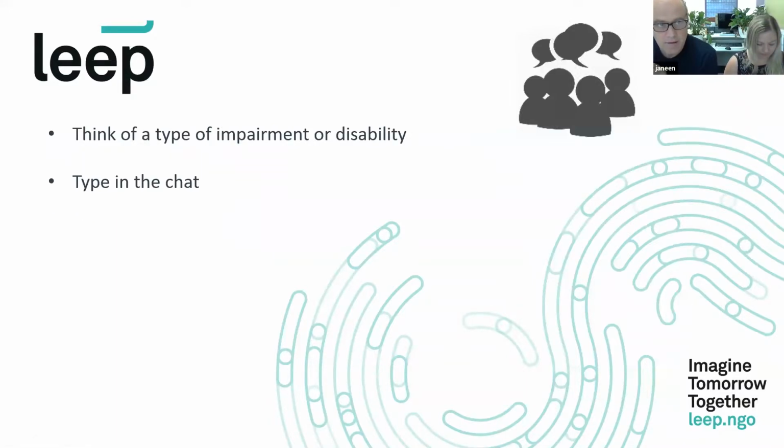Okay, now some of you, yeah, so think of a type of impairment or disability and type it in the chat. So a type of. Interpret that how you wish. Okay. Intellectual, autism, mental illness, often overseen as a disability. Thank you, Tally. Blind, vision impairment, different to blind.